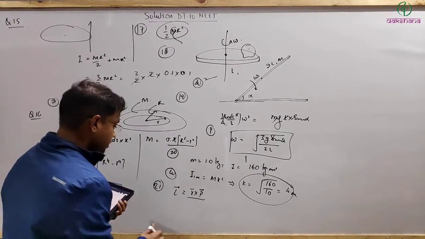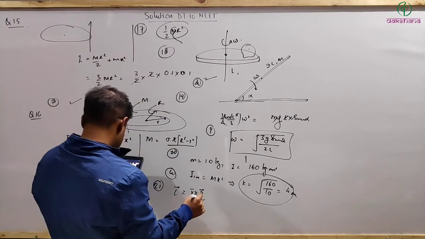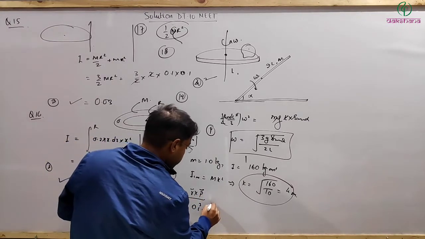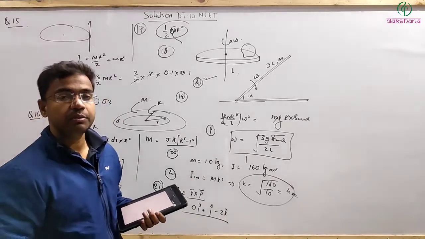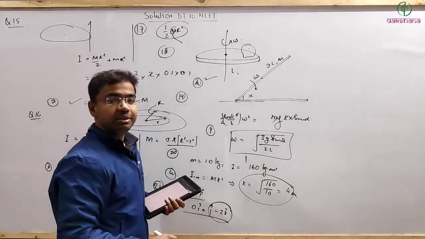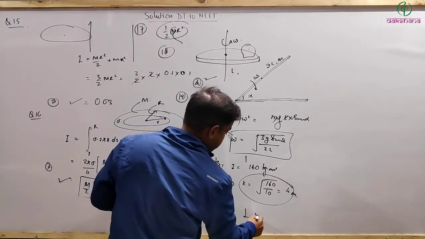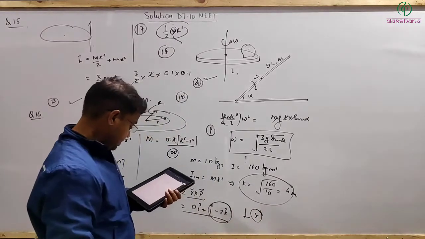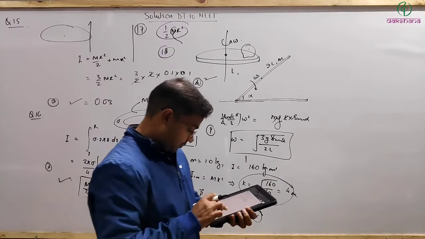Simplifying it, you will get it comes out to 0 I cap plus something j cap minus 2k cap. So in x direction angular momentum is 0 and it is in yz plane, so it will be definitely perpendicular to x axis. The answer will be like first one, it will be perpendicular to x axis.